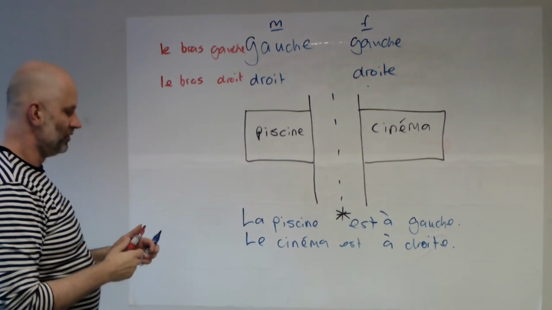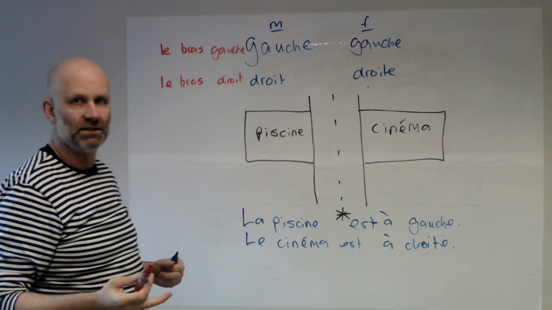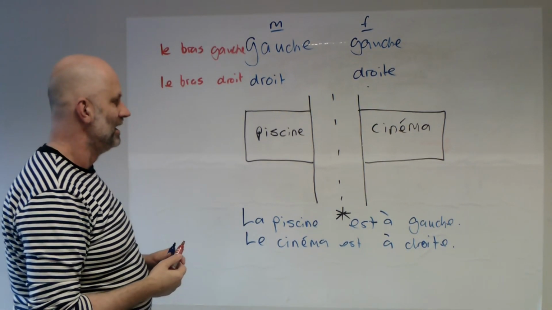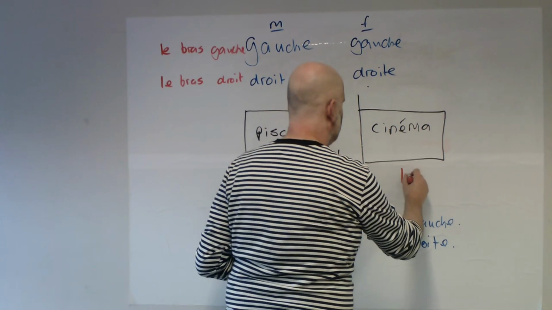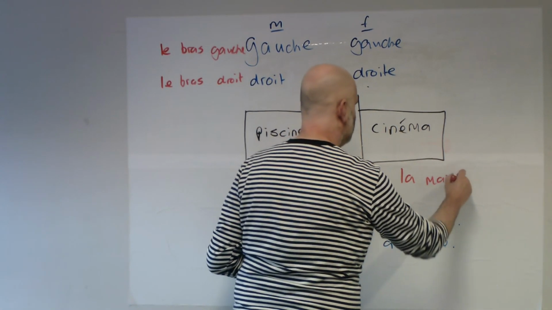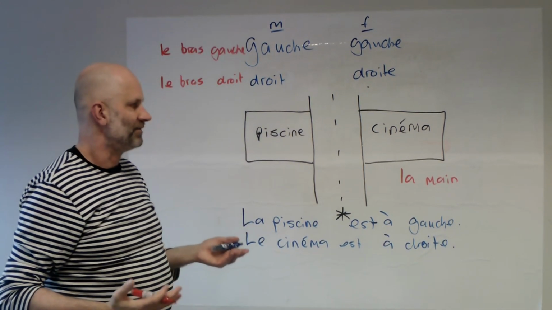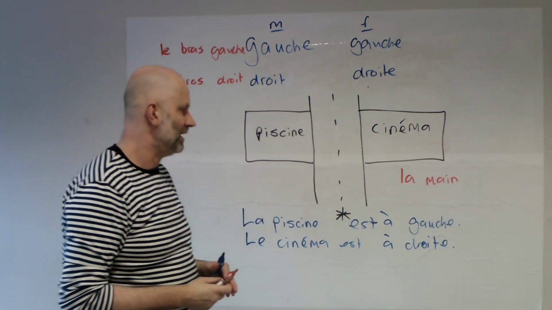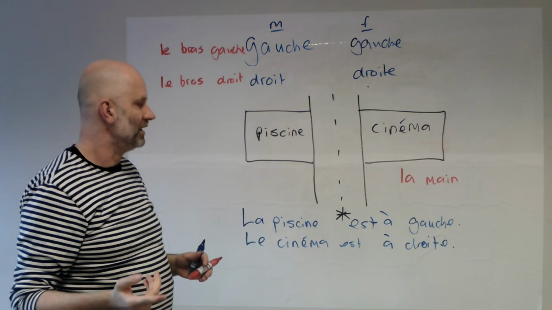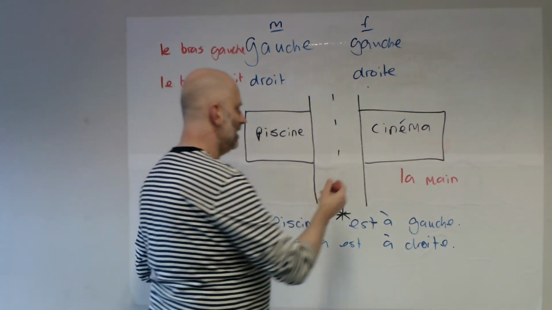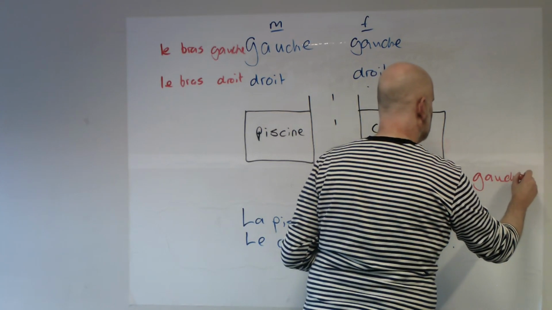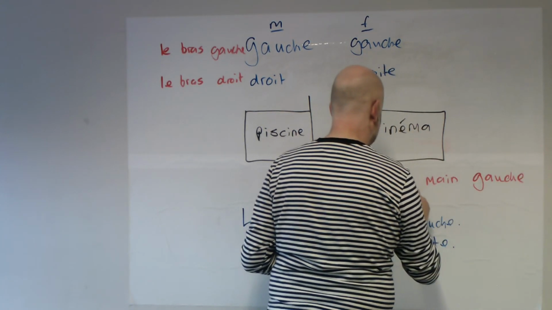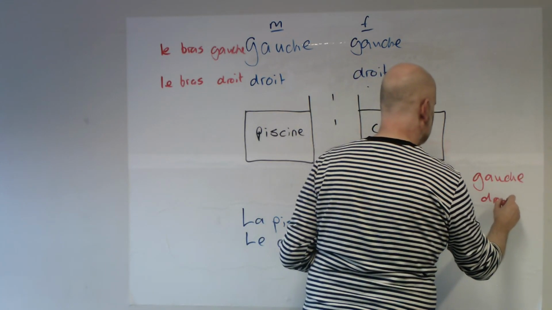What you've got to think of when you're saying on the right, you're essentially saying on the right hand side. So la main is the word for hand and it's feminine. So when you're saying on the left hand side or the right hand side, you're saying à la main gauche or à la main droite.